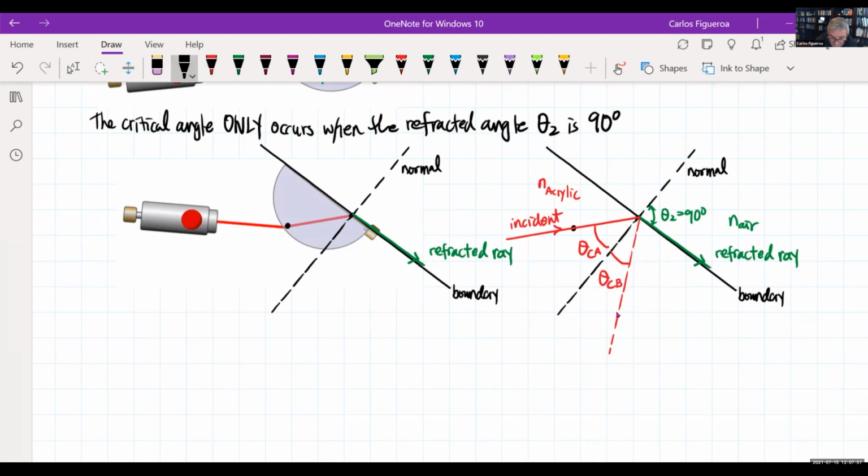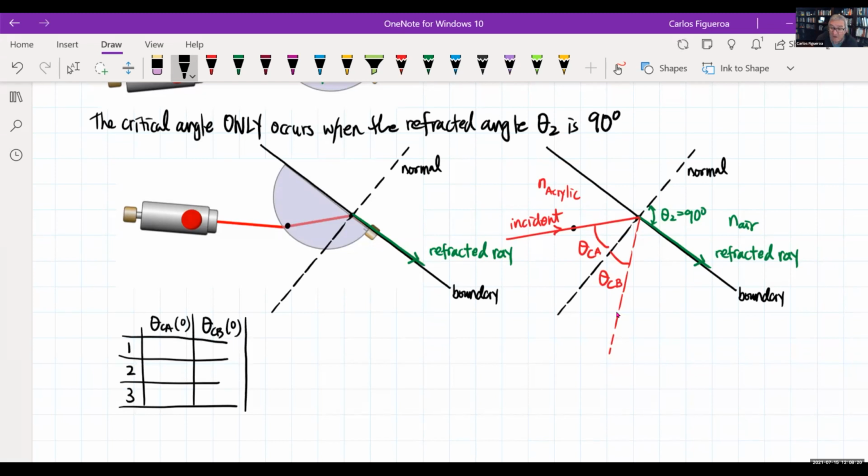You know the acrylic index of refraction, so then do 3 measurements. Go 1, 2, 3. And what I mean by this is that measure CA in degrees, measure CB in degrees, and then get the average of these things.